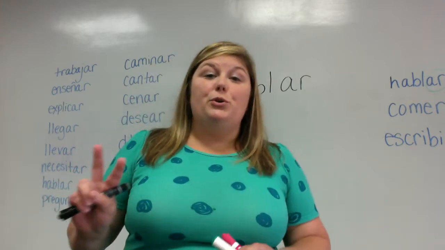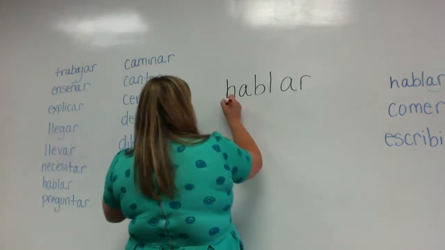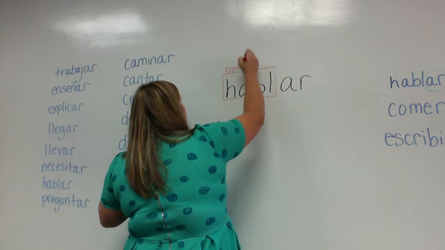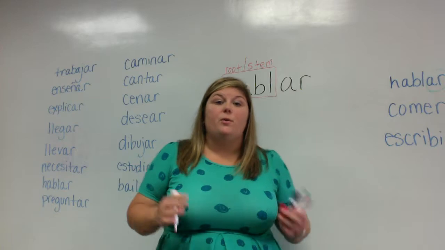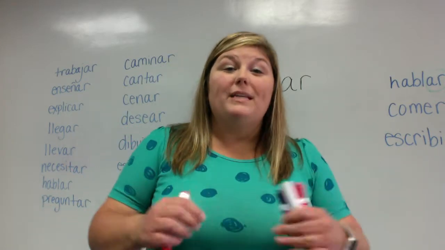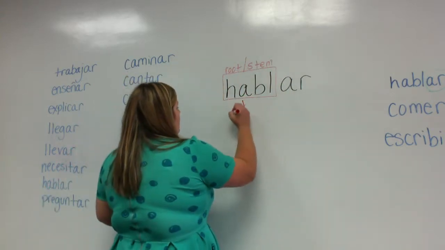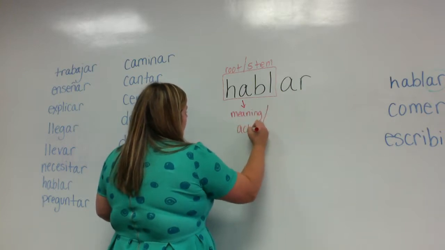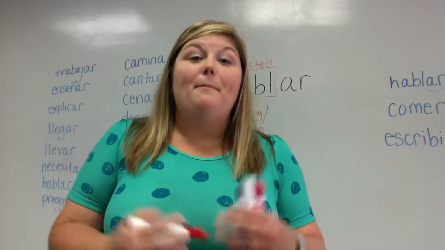Verbs consist of two parts. The first part of the verb is called the root or the stem. And this is where we get the meaning of the verb, what it really means, the actual action. So again, the root or the stem is the meaning of the verb.